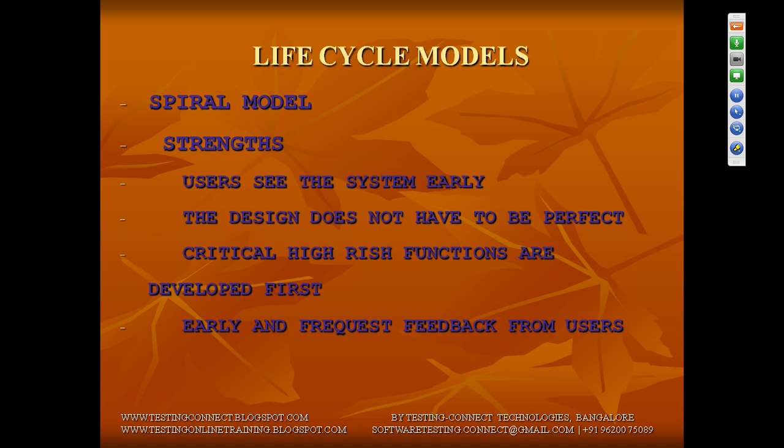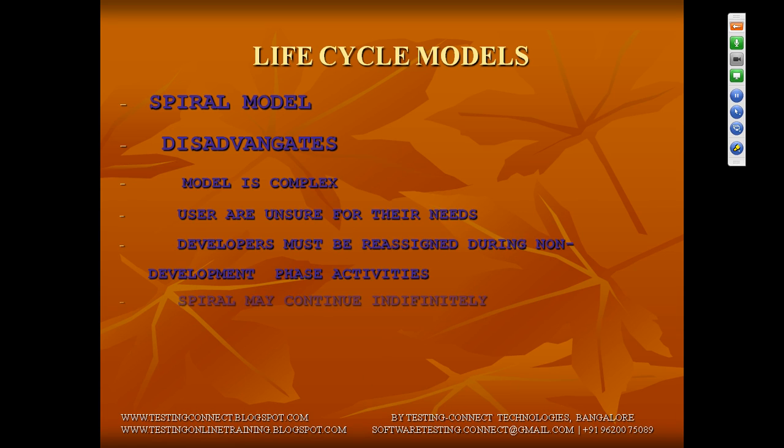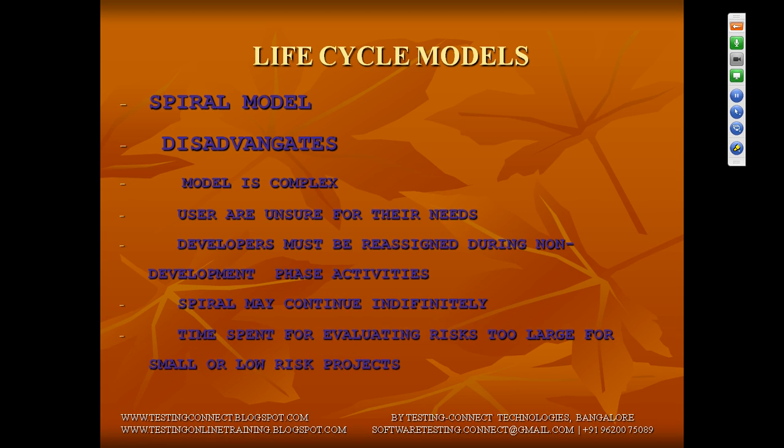Early feedback you can get from the client people, that means the users. So these are the advantages of your spiral model. What are the disadvantages? The model is complex, so it will never end. That means the requirements never end, so the project may continue forever.